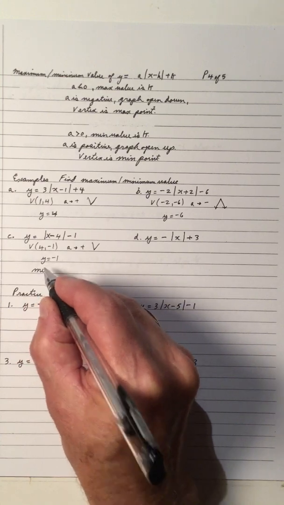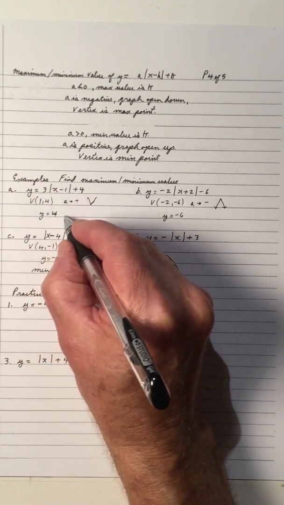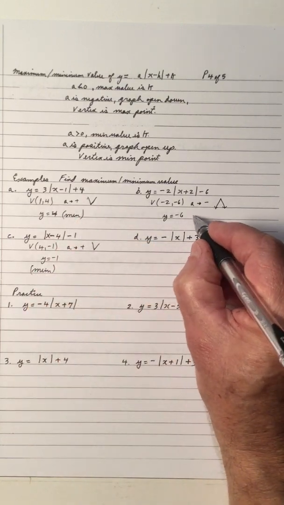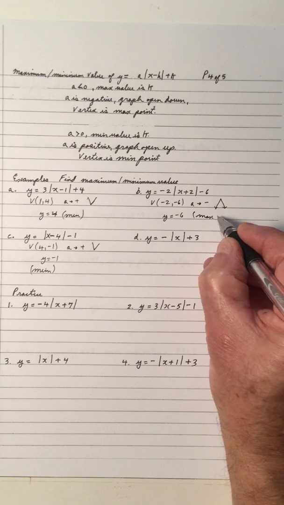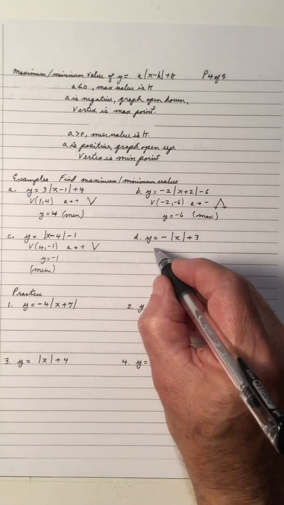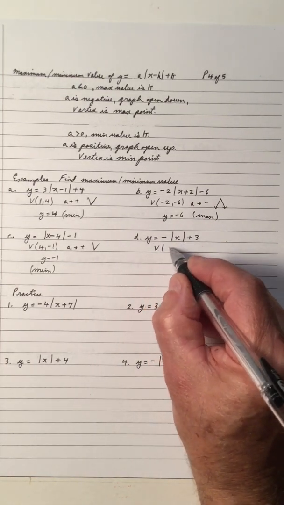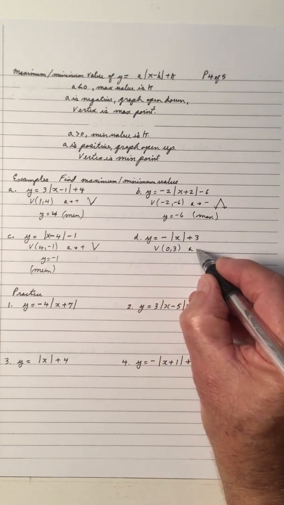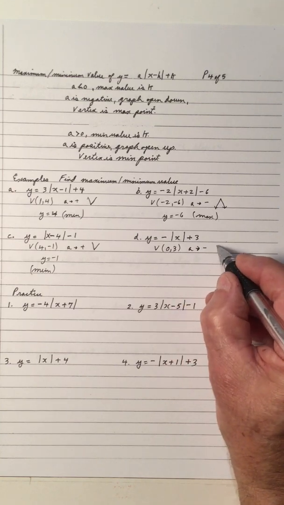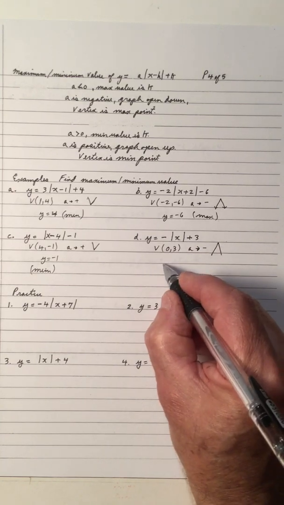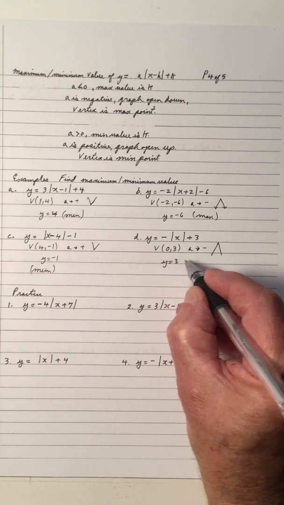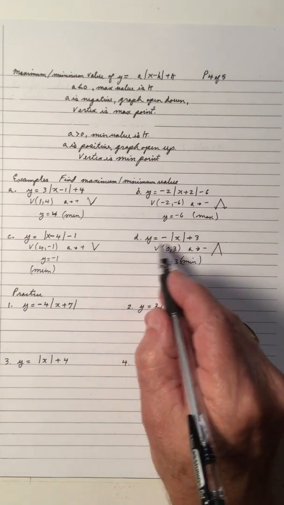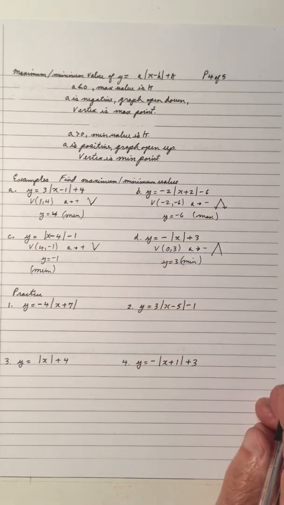Make sure that's a minimum, and the previous one is a maximum because it opens down. And this one, the vertex is (0, 3), and a is negative. Therefore, it opens down, so y equals 3 is the maximum value of this function.